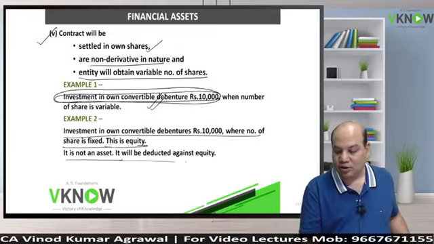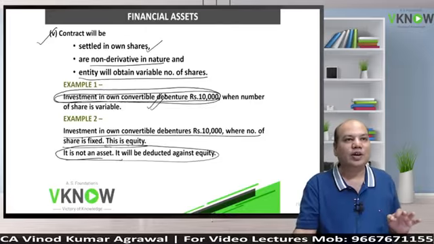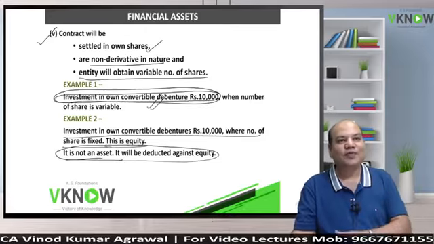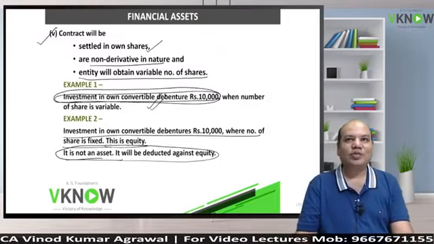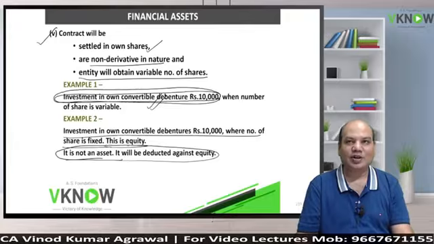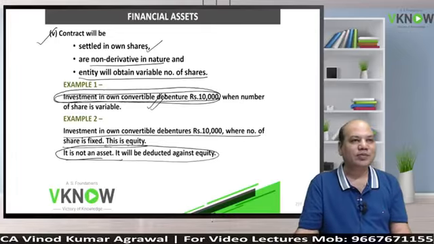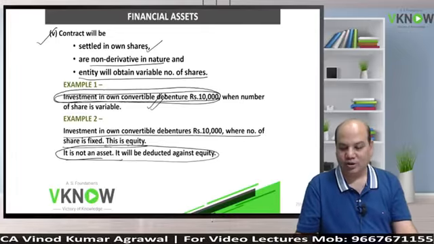It is an equity instrument and it will be shown as a deduction from equity. It is a negative equity, though it is on the asset side, on the opposite side. So I will show it as a negative item on the equity side.